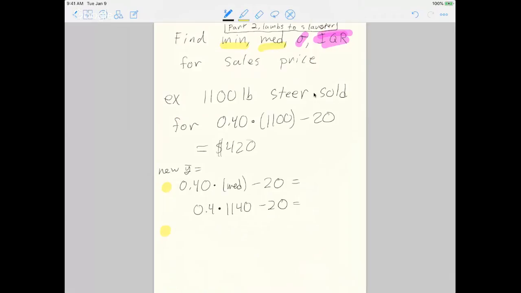I am checking these scores in the book so that I can make sure we are perfectly correct. And we are perfectly correct. So the number I get out of that is $436.